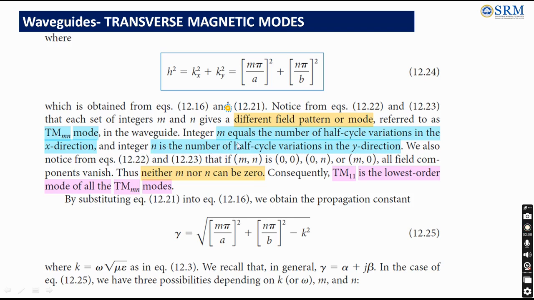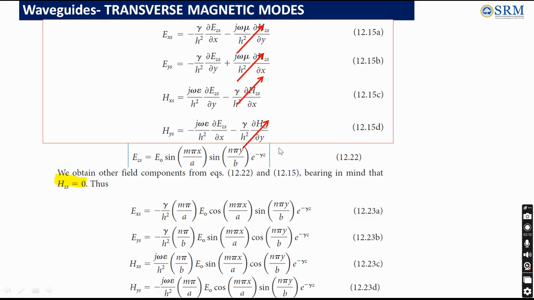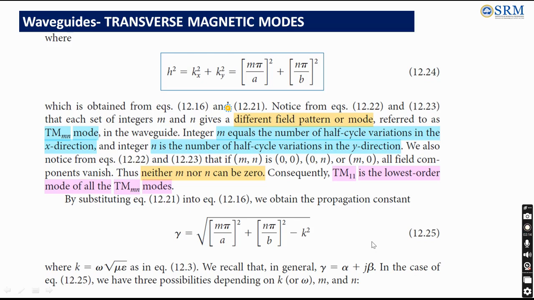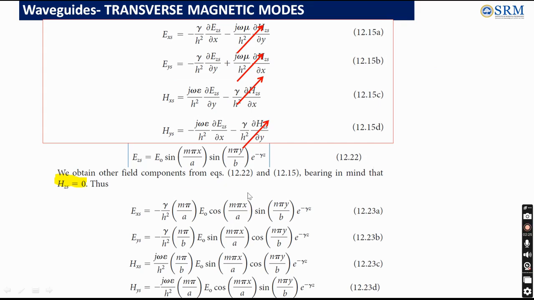We can also understand one more thing from these 5 equations: if m and n are both equal to 0, or any one of them is 0, m is 0 and n is there, or m is there and n is 0, all the field components vanish. Why? Because you can see here all are sine terms, and sin 0 is 0.